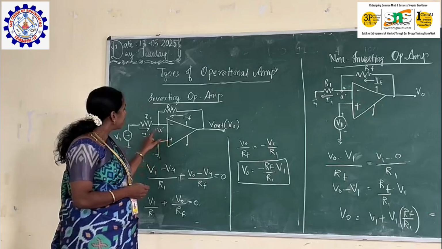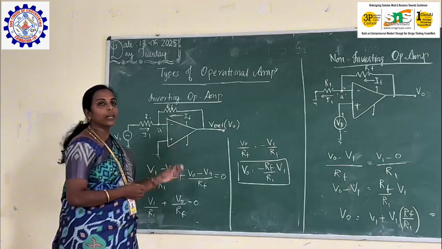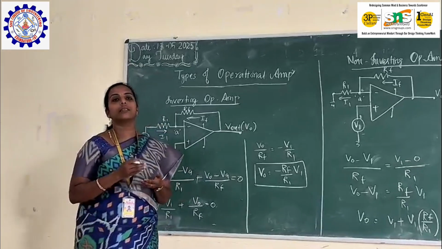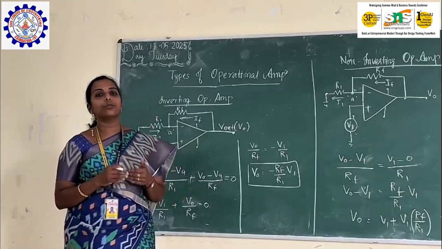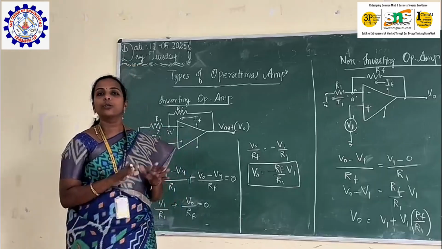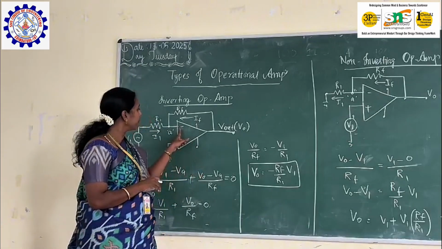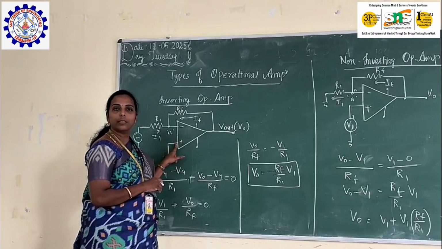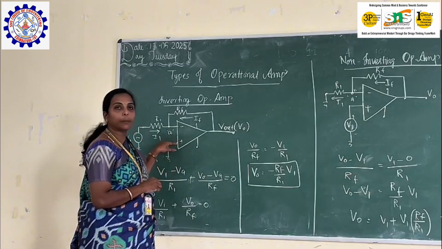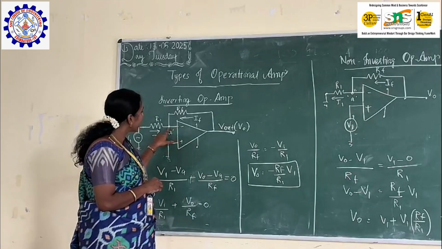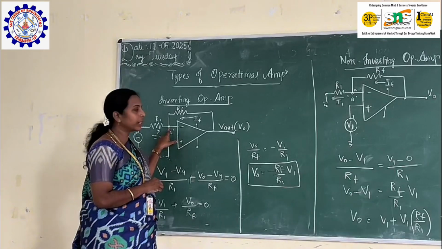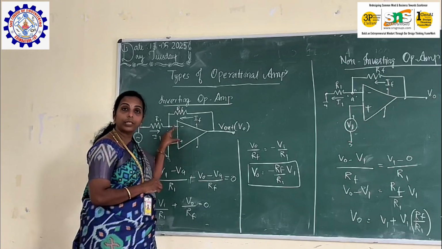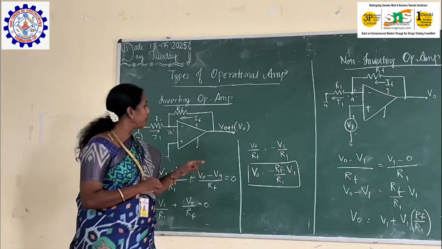When I apply the nodal equation, we need to remember that the operational amplifier input terminals do not consume any input current. So the input current at this terminal will be 0, and this inverting terminal is grounded, so the potential is 0, and obviously at this point the potential will be 0. Then only the potential difference between the two terminals also becomes 0.